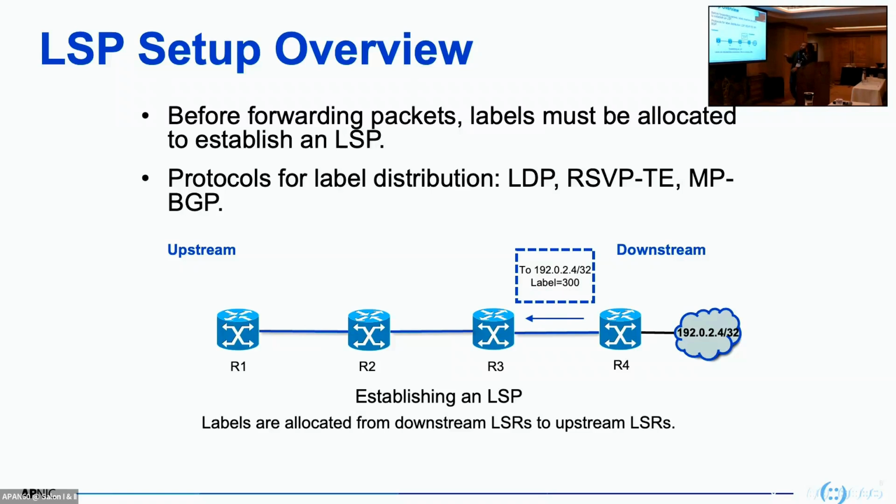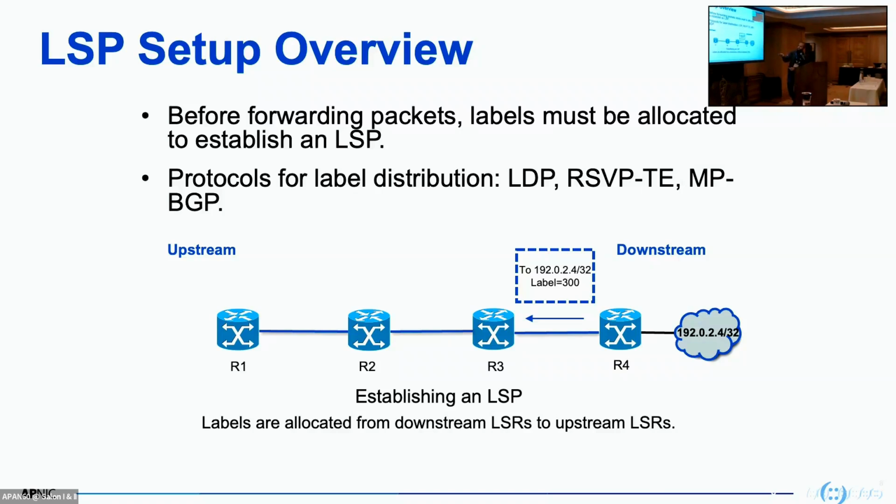So R4 will basically say, hey, I know this route and I use label 300. If you want to send a packet to me, the destination is this, but you also use label 300, and that's what I want. That means the label is not decided by this router; it is decided by R4 and advertised to the neighbor.